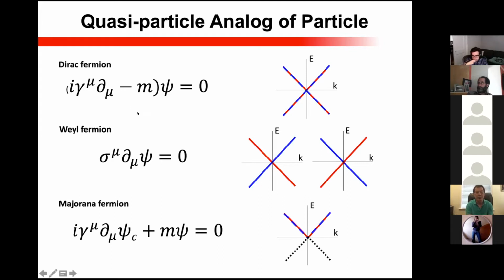Now, if you break the time reversal symmetry, such as in a ferromagnetic material, then this Dirac fermion equation reduces to the so-called Weyl fermion equation, and furthermore, if you add a particle-hole symmetry like in a superconductor, a topological superconductor can have Majorana fermions, and so in that sense, the solid state is an analog of particle physics.